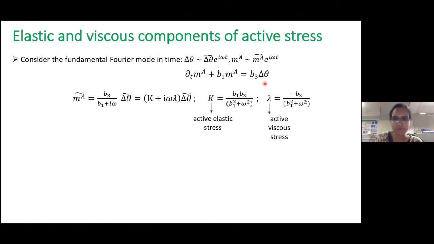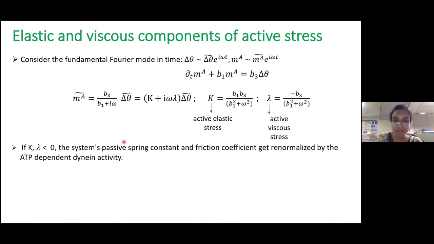So basically you're getting a response function kind of behavior. How is the active moment connected to the tangent angle? It's connected through this response function, which is complex in nature, which has an in-phase part and an out-of-phase part. And so these are active elastic stresses and viscous stresses.